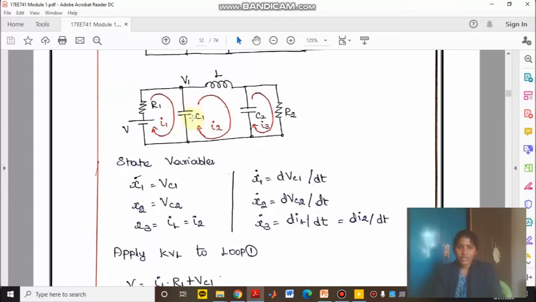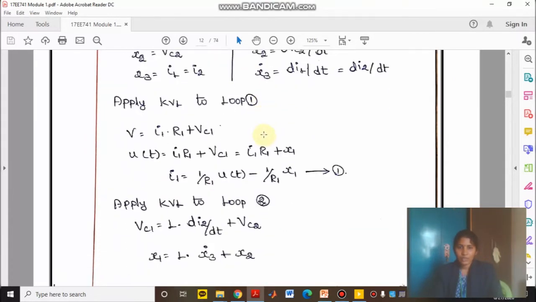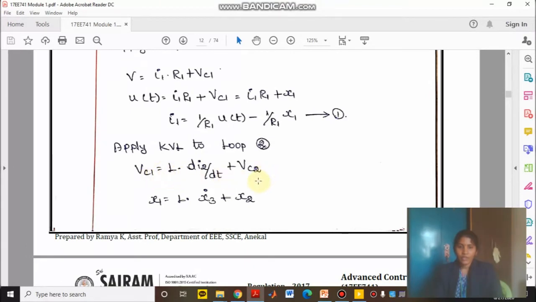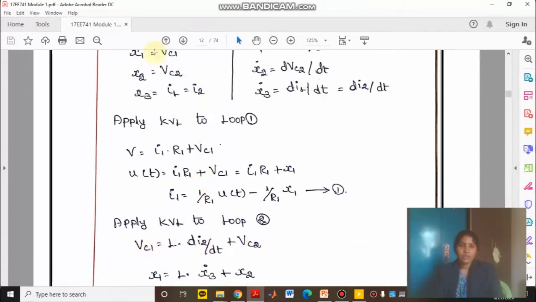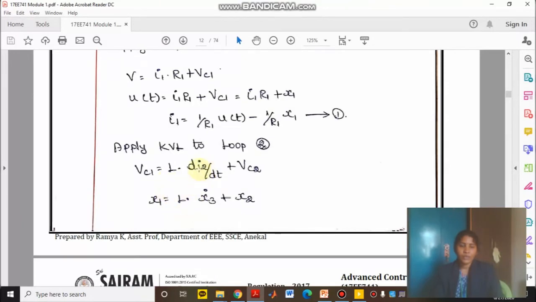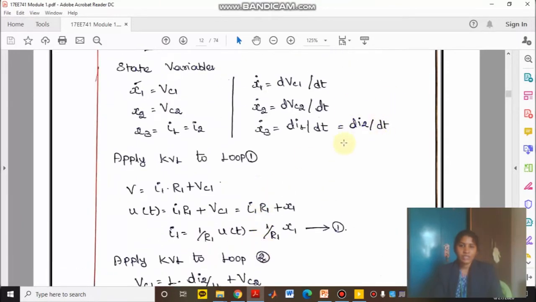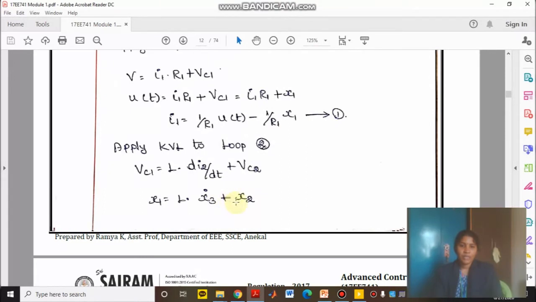Here it is going to be VC1 equal to L into di2 by dt plus VC2. After writing your equation, replace all your physical variables by state variables. So VC1 is X1, L into di2 by dt is X3 dot, plus X2.